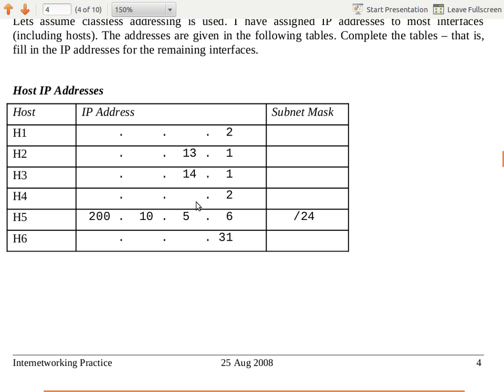Find the IP address for H1. I've given you a hint, it finishes with 2. What are the other parts?